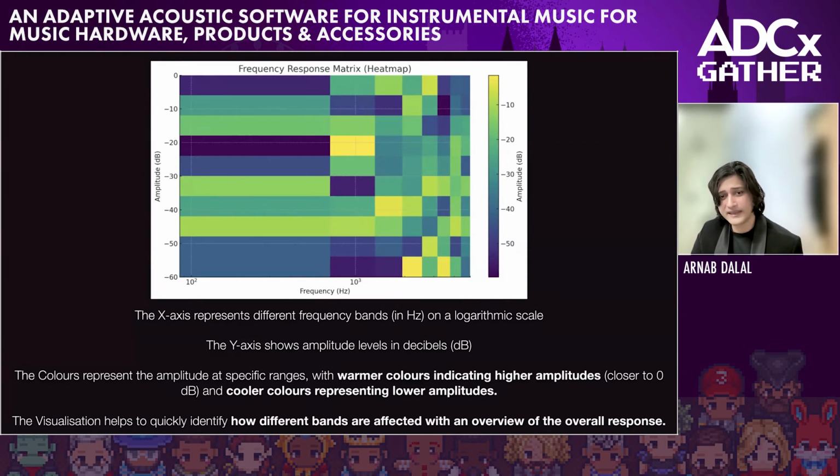Now, this is also a little technical graph. Over here on the x-axis, we have the frequency once again, and on the y-axis, we have the amplitude. The warmer colors represent the higher amplitudes, and the cooler colors represent the lower amplitudes.